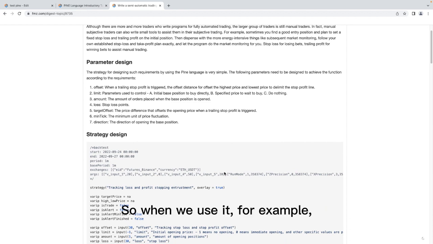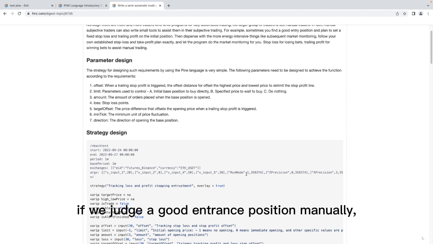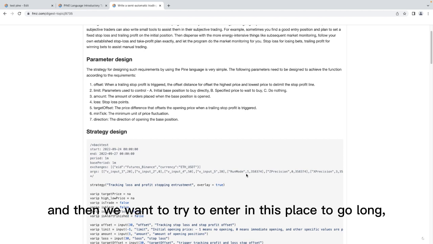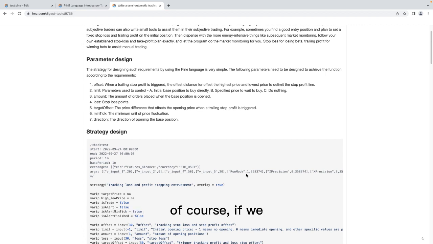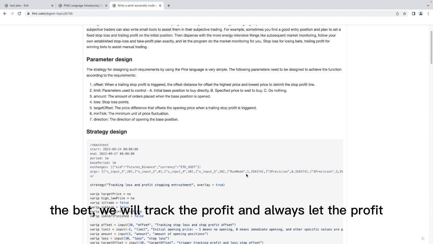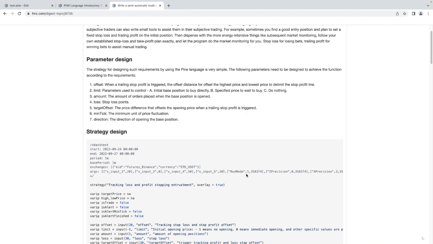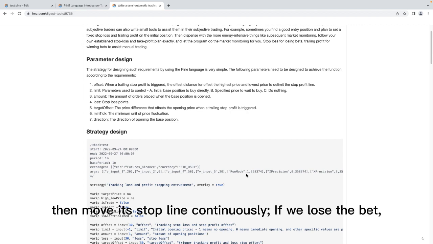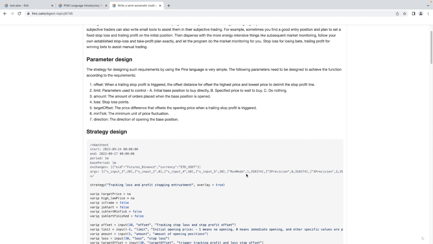So when we use it, for example, if we judge a good entrance position manually, then we want to try to enter in this place to go long. Of course, if we win the bet, we will track the profit and always let the profit track the profit. Then move its stop line continuously. If we lose the bet, we will stop loss directly.